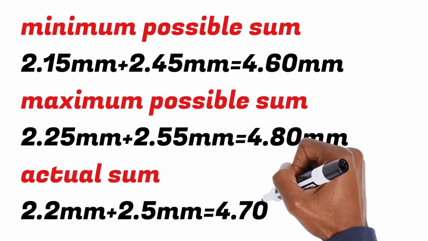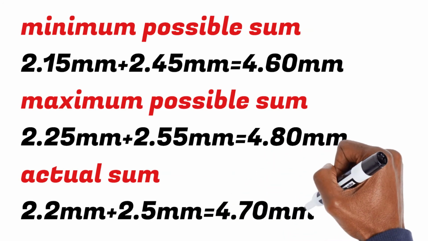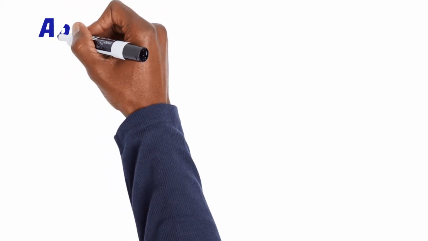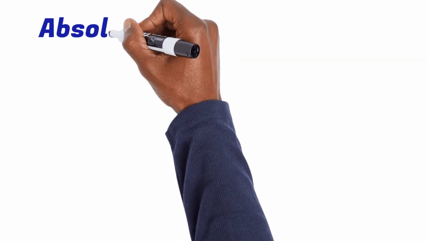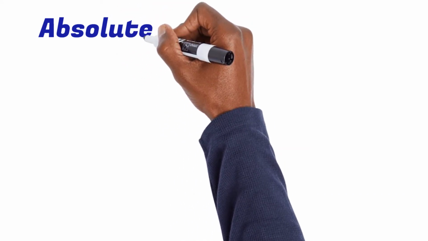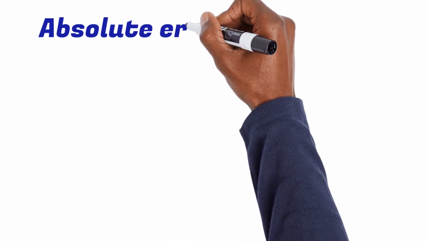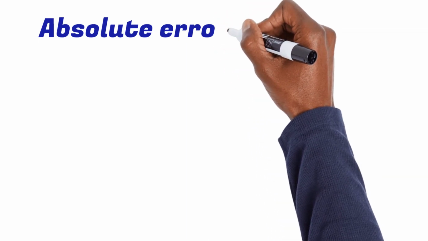In the addition of quantities that were measured, an error may occur in terms of underestimation or overestimation, which ends up providing us with minimum or maximum sums.